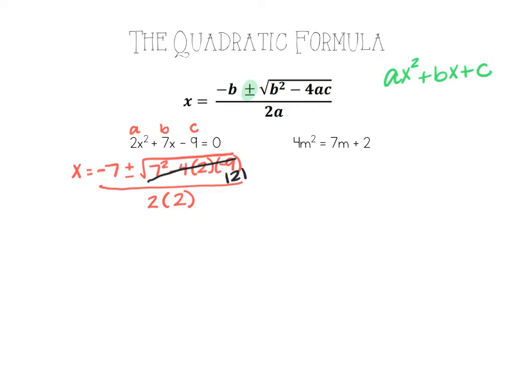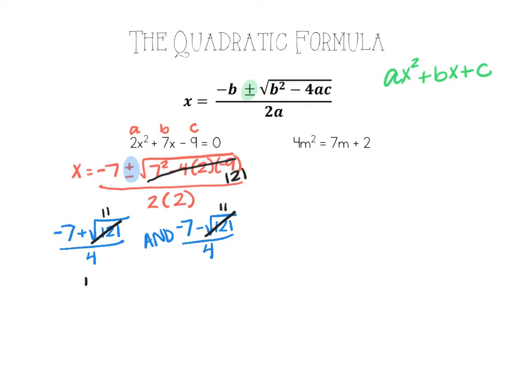So now I'm going to break this into two different problems because of that plus or minus. So I will have negative 7 plus the square root of 121 over 4 and negative 7 minus the square root of 121 over 4. Well, I know the square root of 121 is just 11. So negative 7 plus 11 is 4.